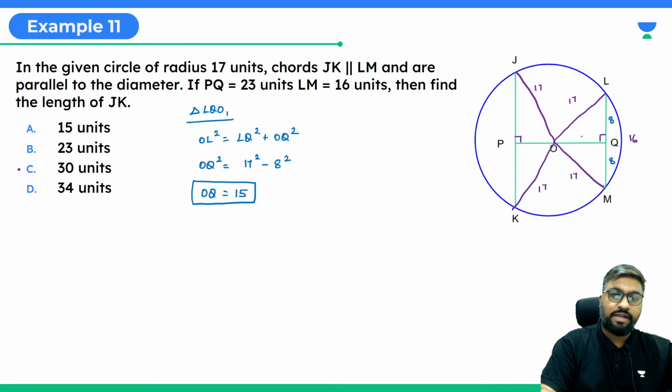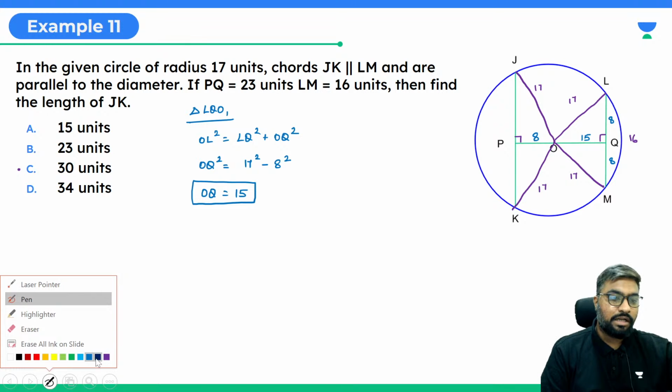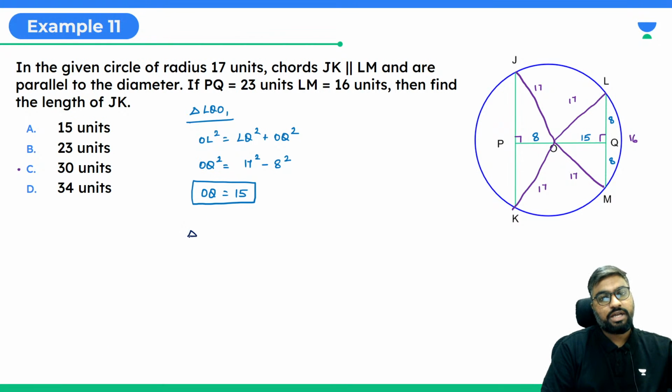If OQ is 15 and the full PQ is 23 units, then this will become 8 units, correct? So from here can we find out the length of PJ? Again we look at triangle JPO.